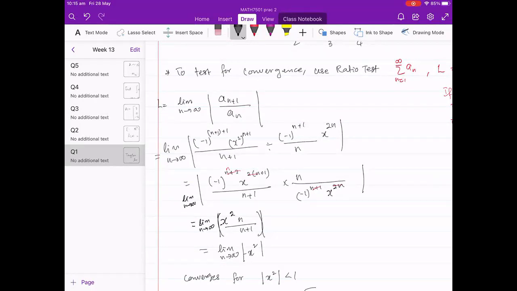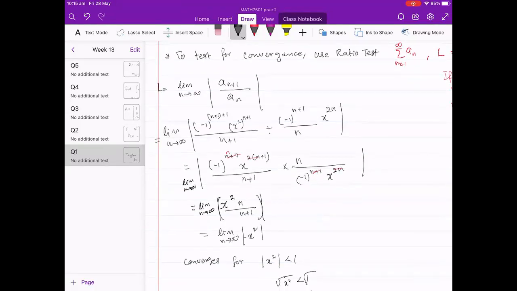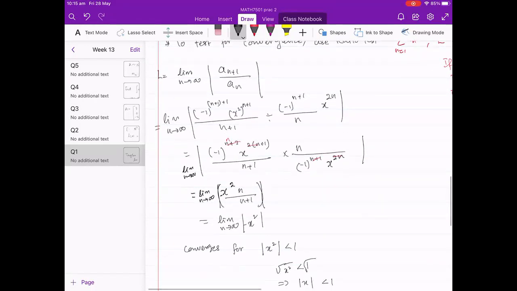Limit as n tends to infinity, which gave me n times x squared divided by x squared.